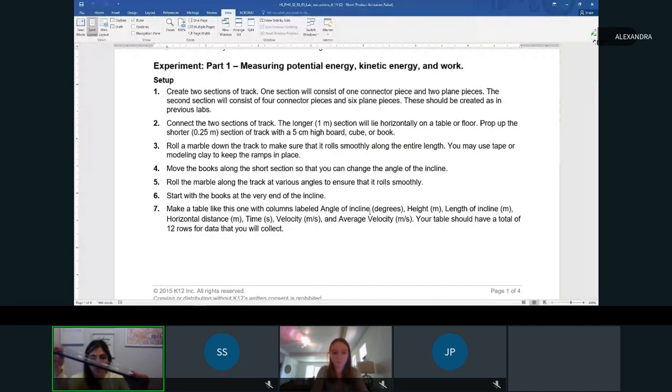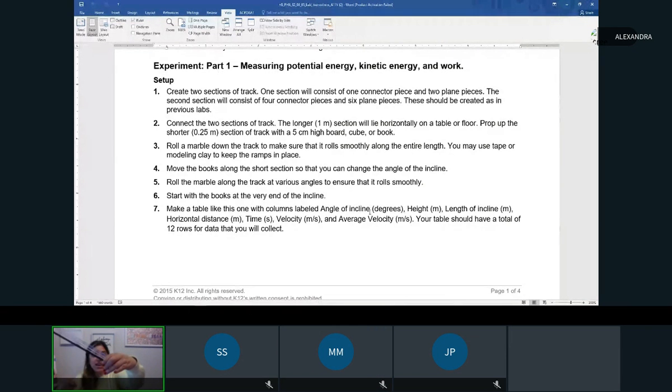So this is going to be one angle, right? We're going to be making our track and stacking it on a bunch of books to change the angle. No problem, Madeline. The angle we want to change is this one, the angle to the ground. If you rest it on a book closer or farther away, that angle from the floor is what we're going to be measuring.